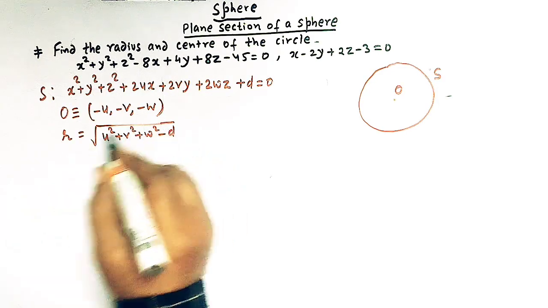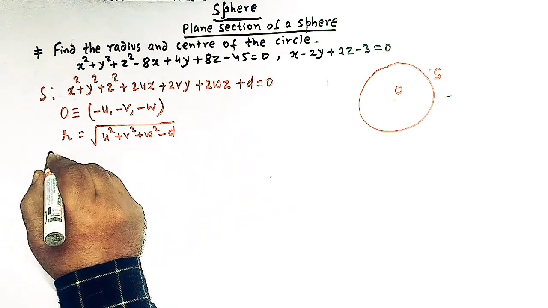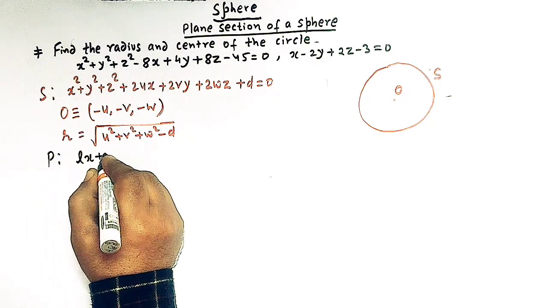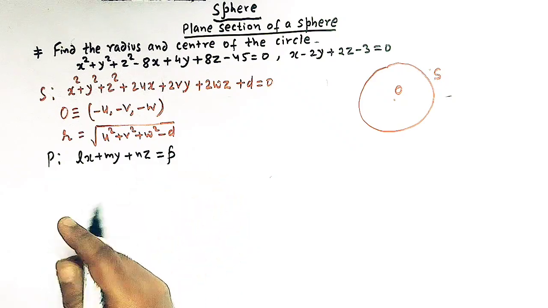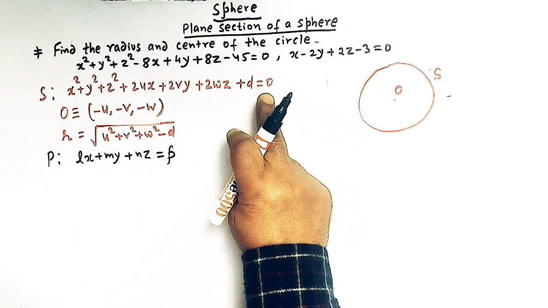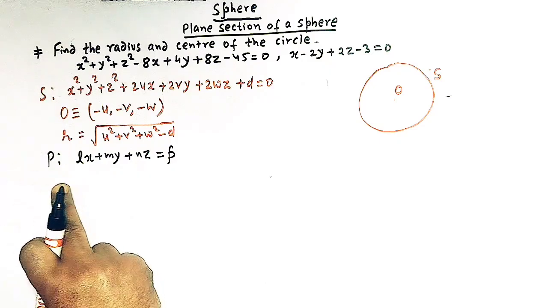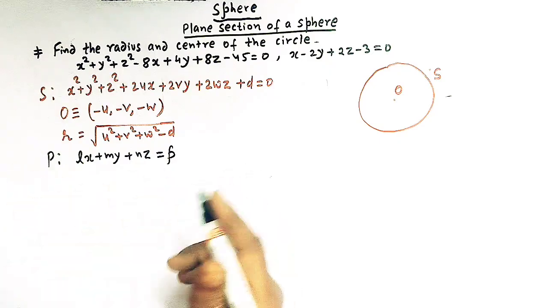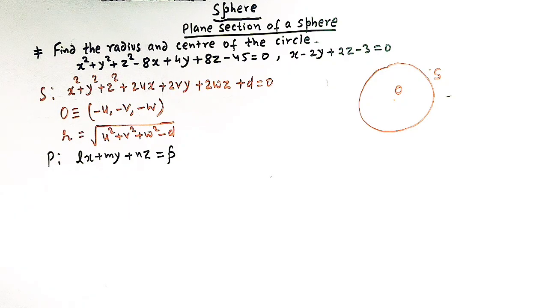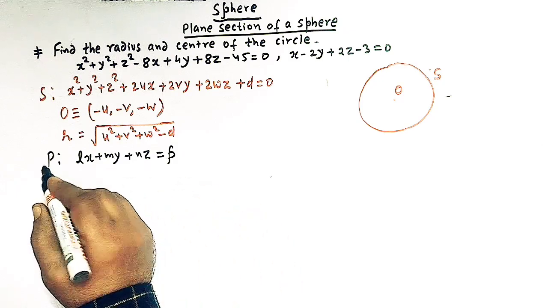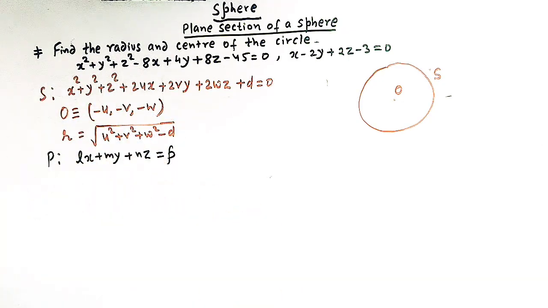Now consider a plane whose Cartesian equation is given by Lx plus My plus Nz is equal to P. So now here we have a sphere S and a plane P. Whenever a plane P intersects a sphere S, we always get a circle. Suppose this plane P cuts this sphere S, then the section of the sphere so obtained is known as a circle.